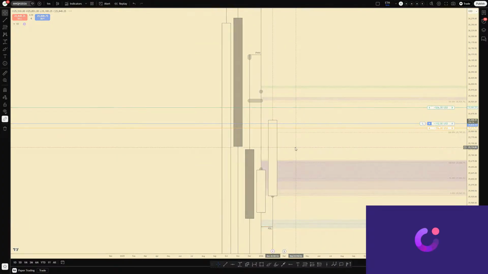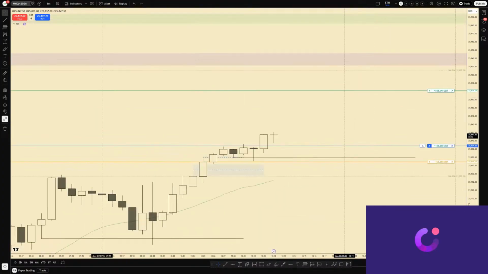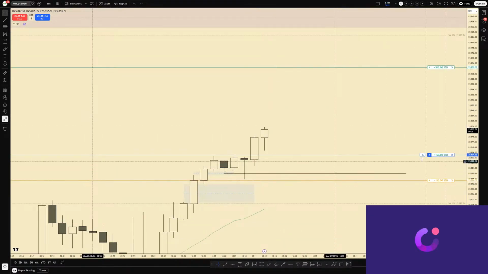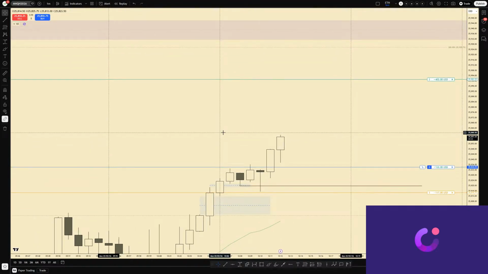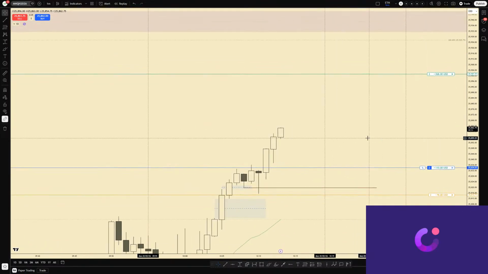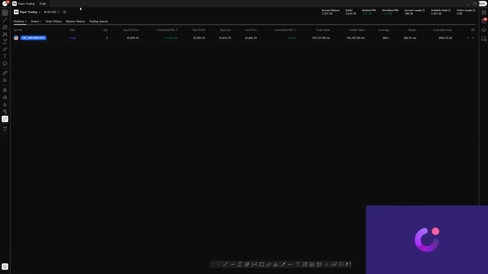So I will take a partial on 1 hour around here, and another one above this candlestick. So half of the position is closed at 1 hour.